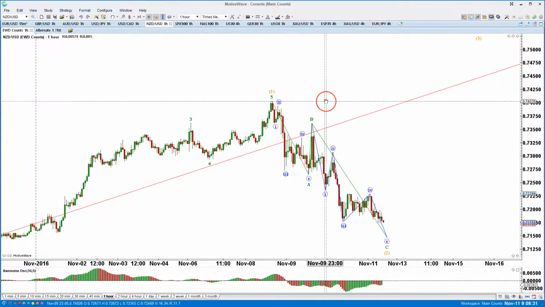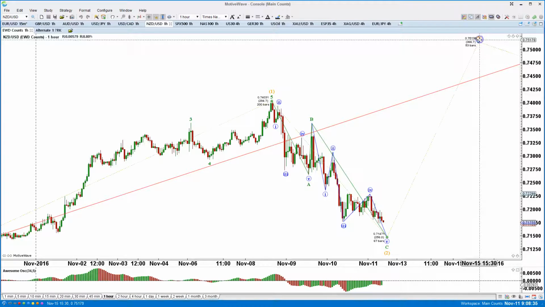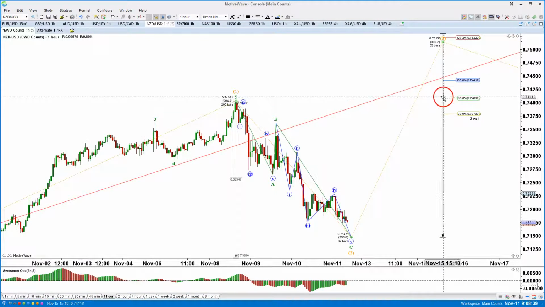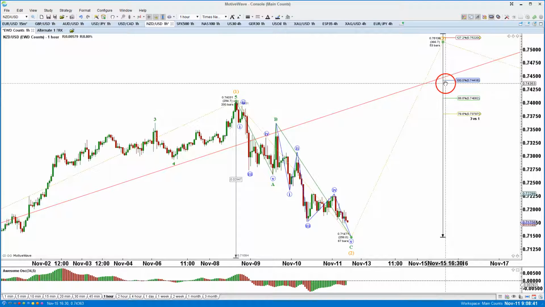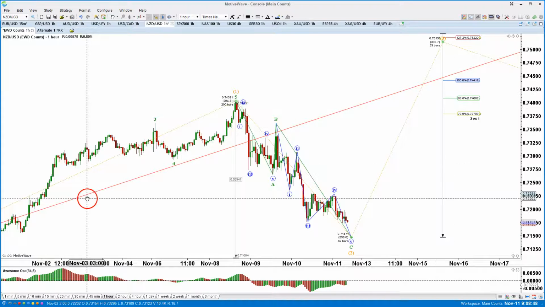Once the price breaks out of the end of 1, the wave 3 will be active for that big 1 to 3 reversal pattern, and one of the most common targets for the wave 3 according to the Elliott wave theory is 100% of the wave 1.